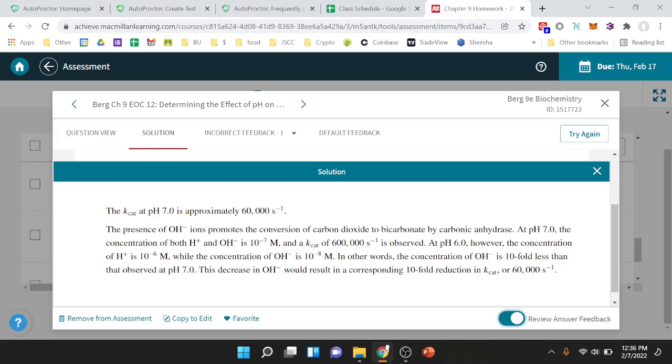So at pH 7, both the concentration of the OH minus and H plus are going to be 10 to the negative 7. At pH 6, the concentration of H plus will go up by a factor of 10, so 10 to the negative 6, right? The concentration of OH minus, on the other hand, will go down by a factor of 10, so that would be 10 to the negative 8.